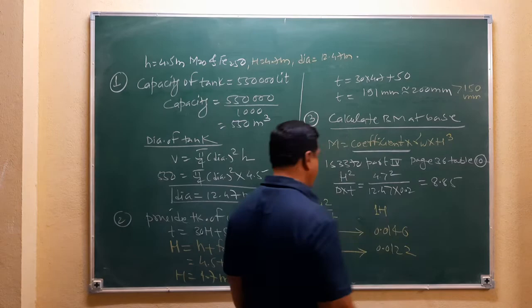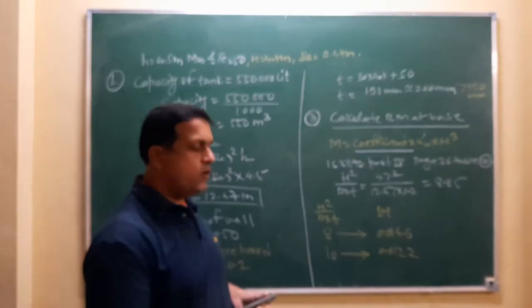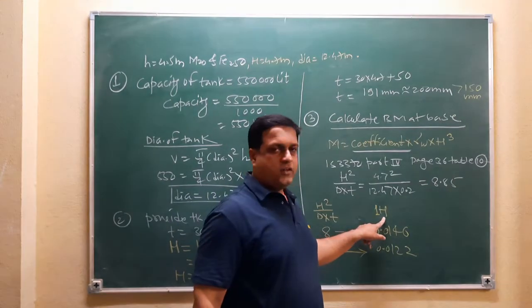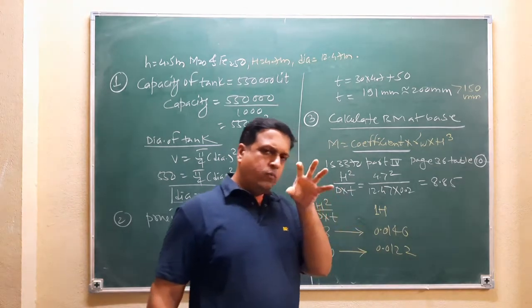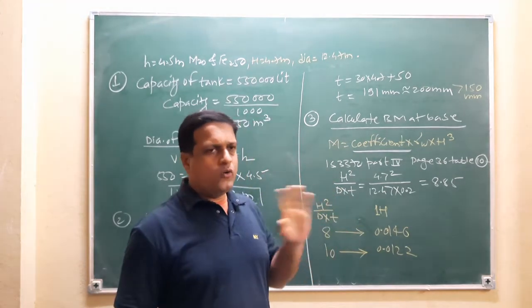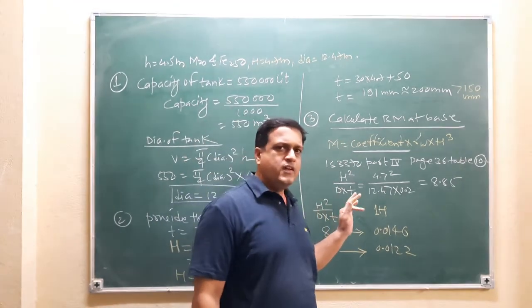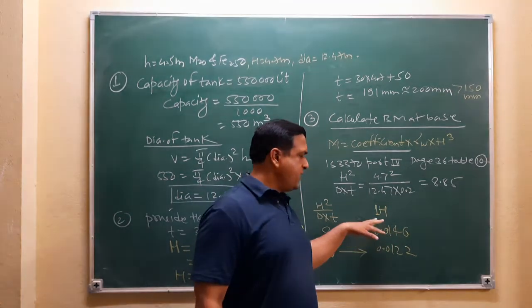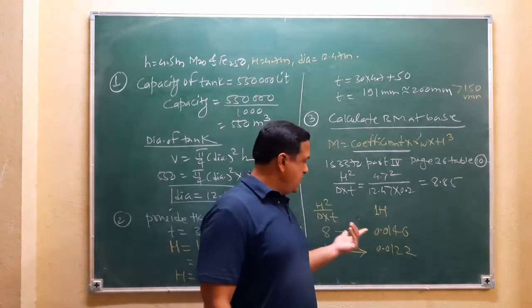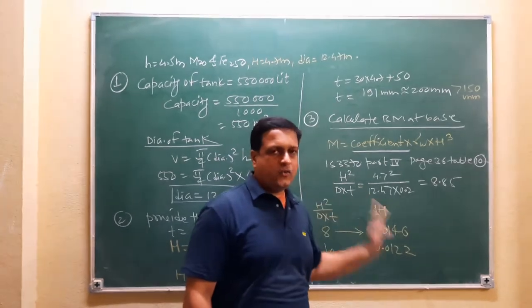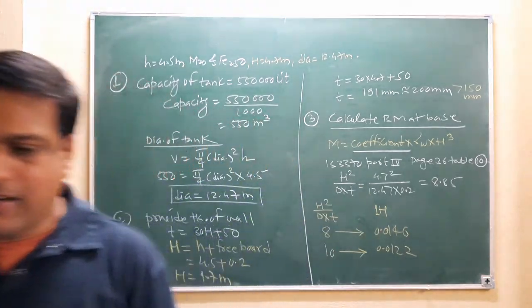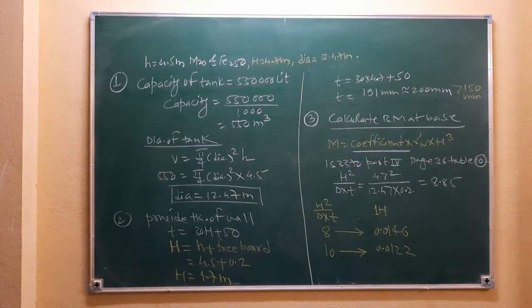So these are the coefficients for height 1H. You have to pick the maximum coefficient, don't go for any other coefficients, and write only the coefficient at the H where the maximum develops. For 8 it is 0.0146, and for 10 it is 0.0122, and both are negative.